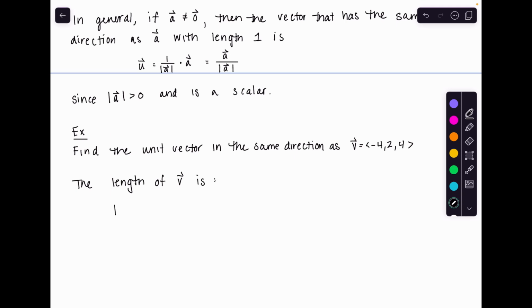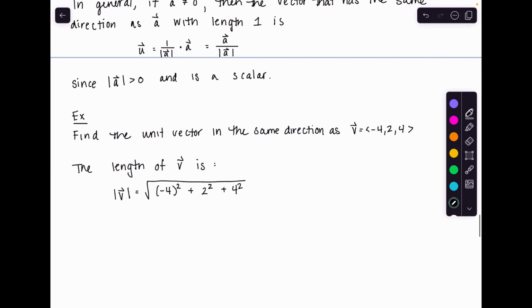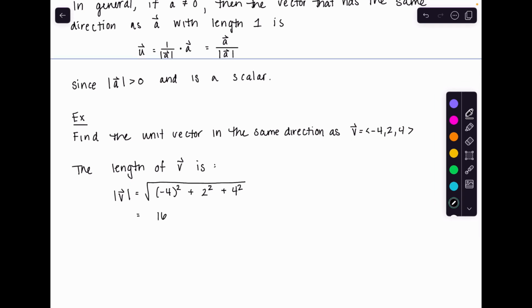So the length of V, or the magnitude, is going to be, we take each component, square it, and then we take a square root. -4 squared is 16, 2 squared is 4, 4 squared is 16. 16 plus 4 is 20, add another 16. This gives us the square root of 36. So thankfully, this is nice. The length of this vector is 6.